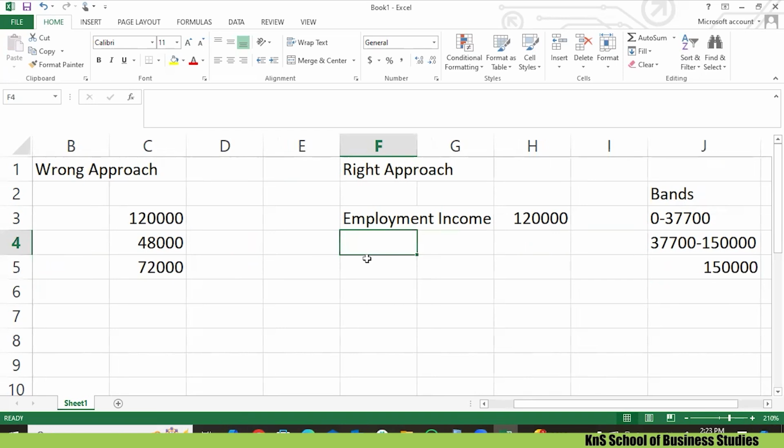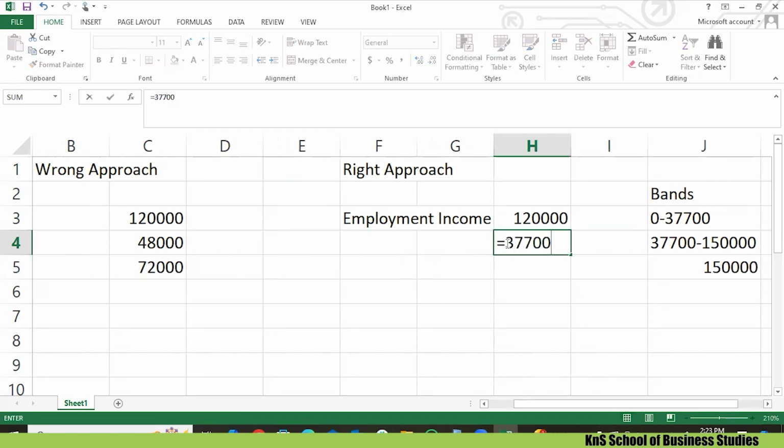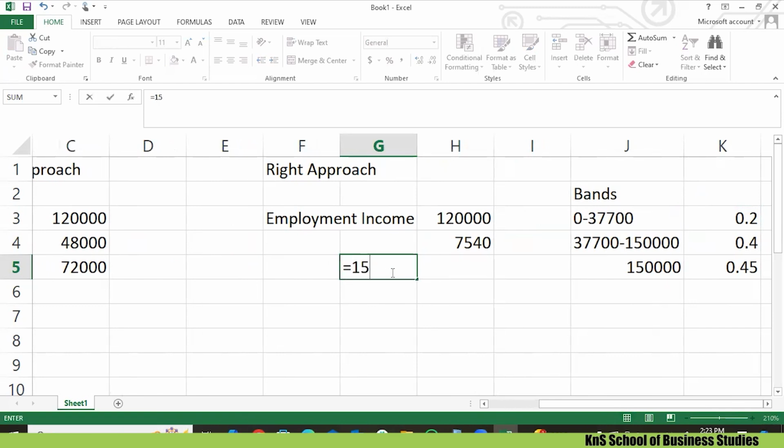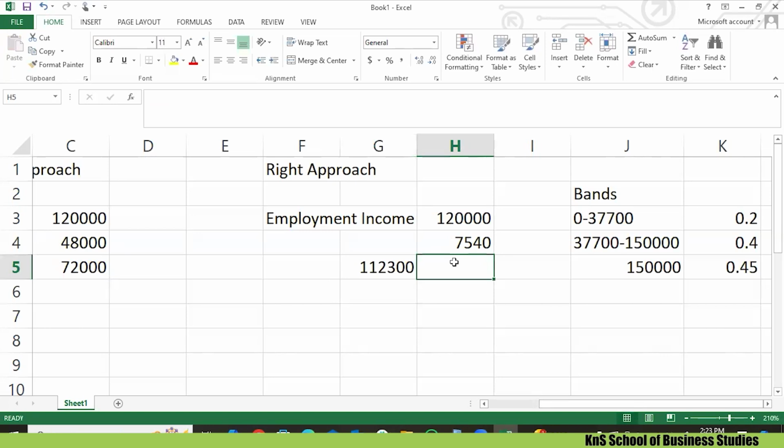What I'm teaching over here is the right approach, that it works step by step. First, 37,700 multiplied by 20%. The next step is whatever has been remaining: up to 150,000, the first 37,700 has been taxed, and now I'm remaining with this much amount, so I'll go with 40% on it.